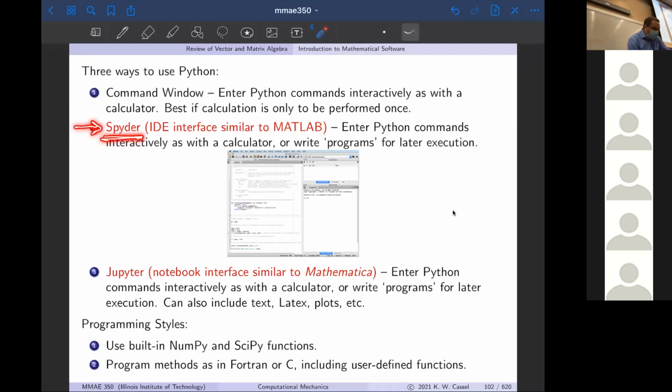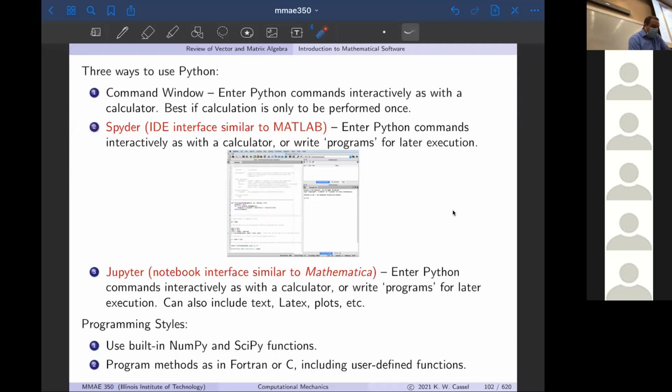More likely, you'll do one of these two options. Spyder is an IDE. IDE stands for Integrated Development Environment. So MATLAB is an IDE. So basically it's an environment that allows you to interface with the software, in this case, the programming. So you can access the M files, you can tell it to pull in this M file, run the M file, and so on. Same thing in Python.